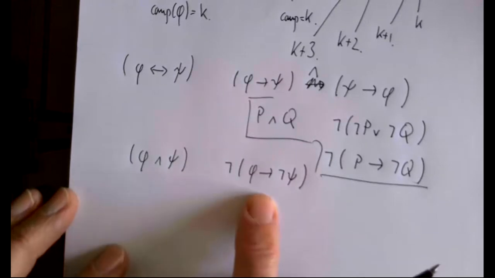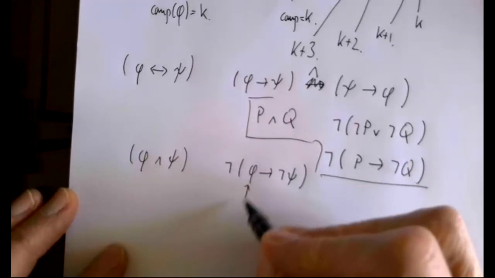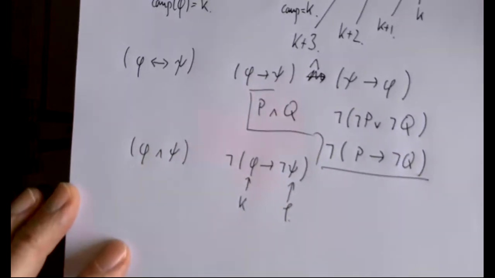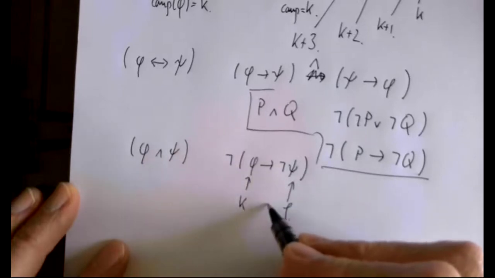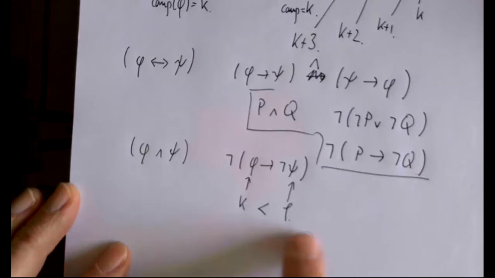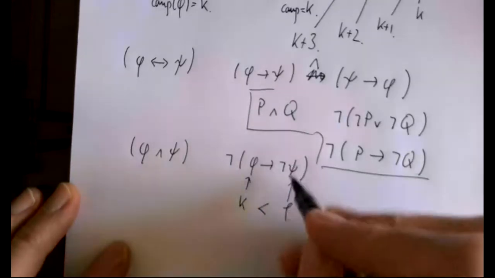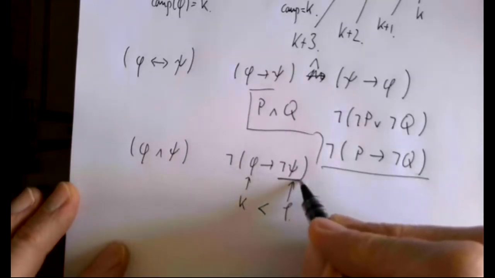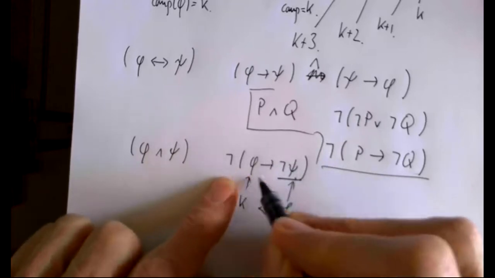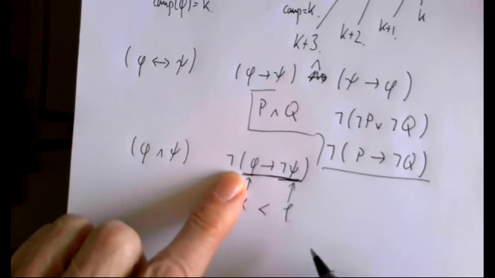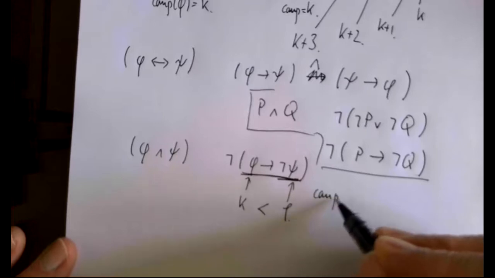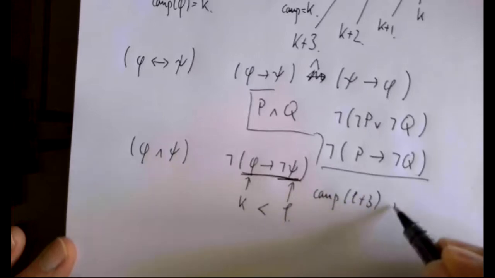So what I've got then here is something, if this has got complexity k and this has got complexity L, and let's suppose for argument's sake that k is less than L, so this here has got complexity L plus 1. The larger of these two is L plus 1, so this here has got complexity L plus 2, and then one more up here at the front, it's got complexity L plus 3.